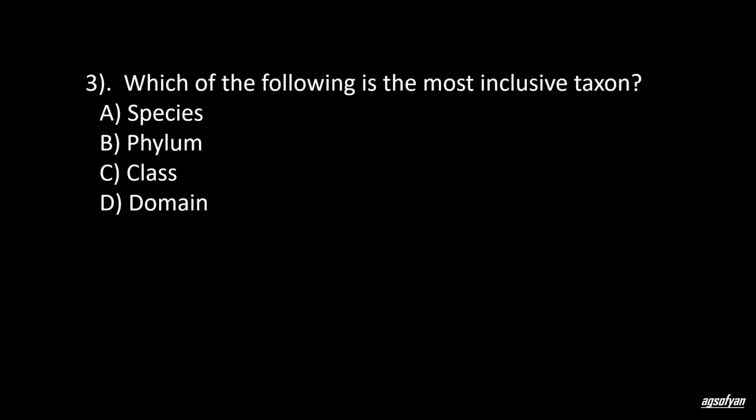Which of the following is the most inclusive taxon? Species, phylum, class, or domain? So remember, inclusive means the taxon that consists all the other taxon. So if we start from the top, the most inclusive one will be domain.